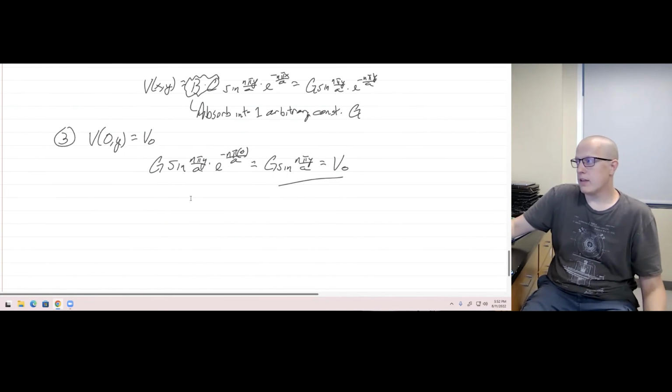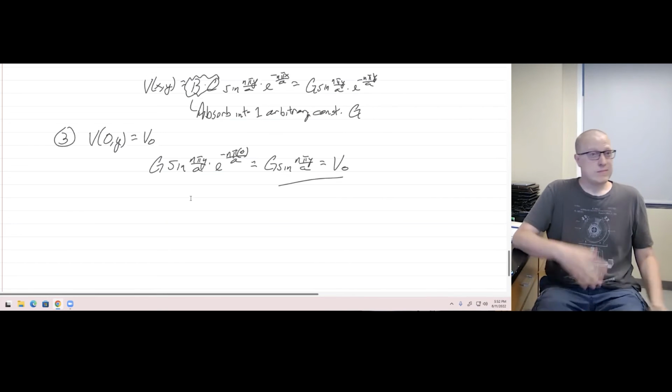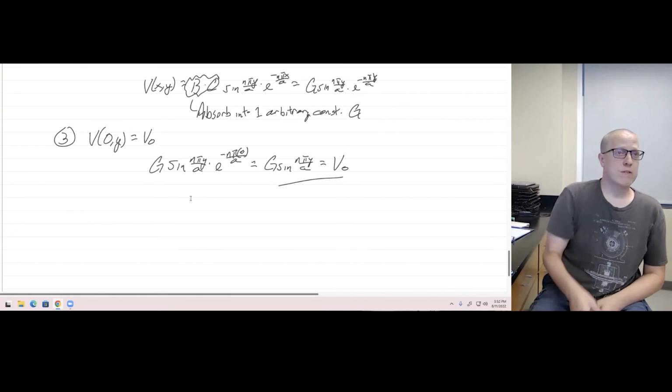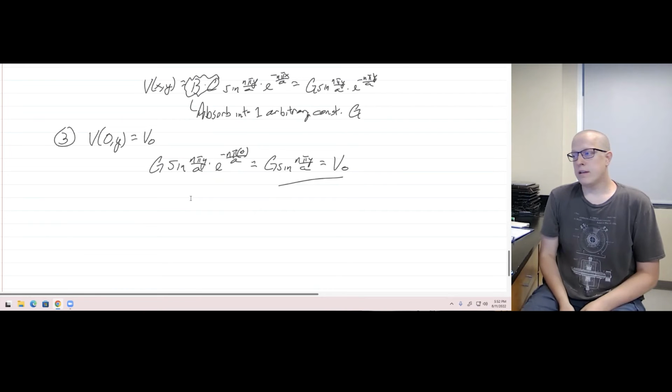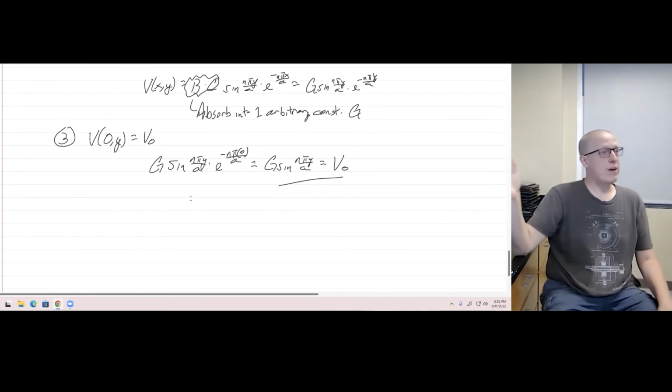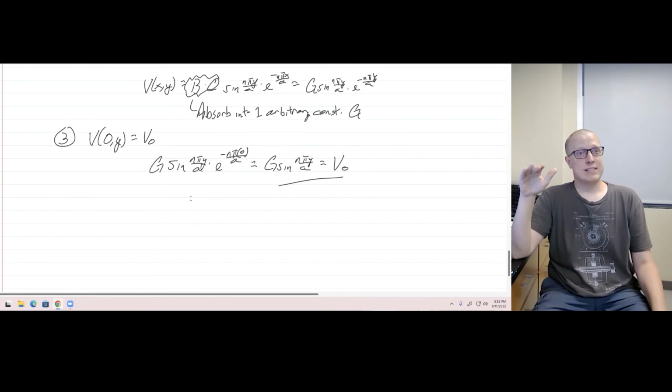So the problem is sine is going up and down, right? And our boundary condition says that it must be a constant.